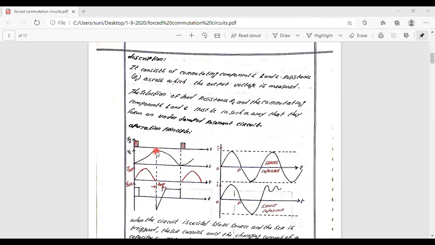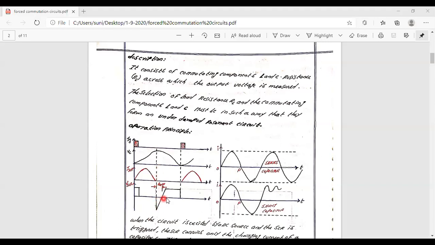As we know, whenever the capacitor voltage reaches its maximum, it acts as an open circuit, so the current value becomes zero. So the current goes from zero to maximum to zero. As the current value falls to zero, the device is turned off.